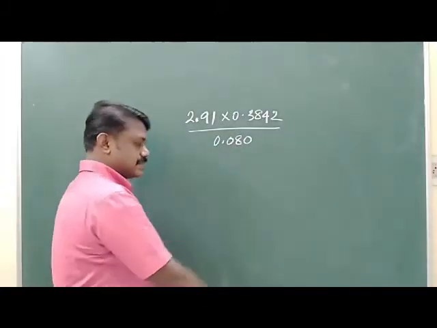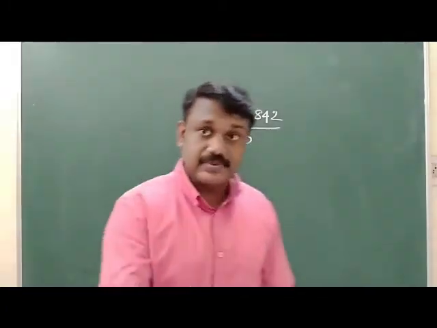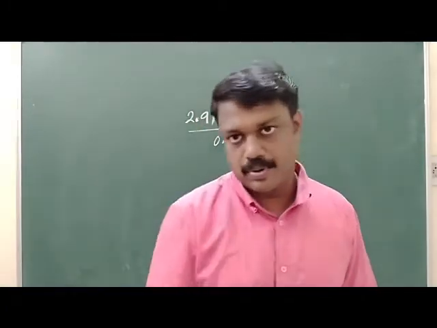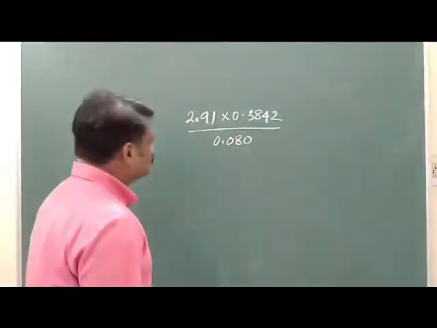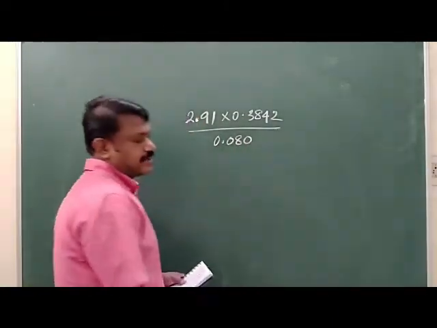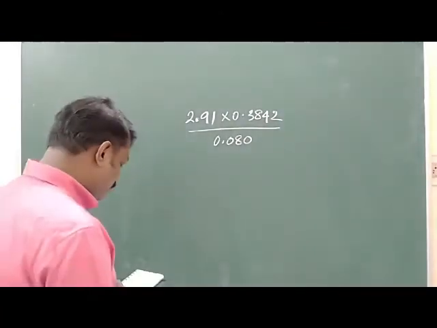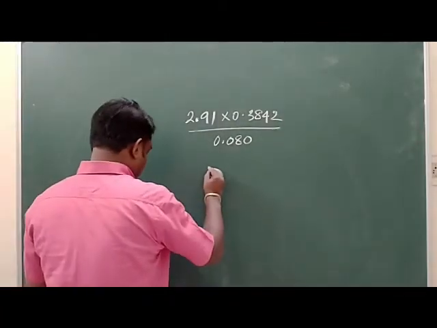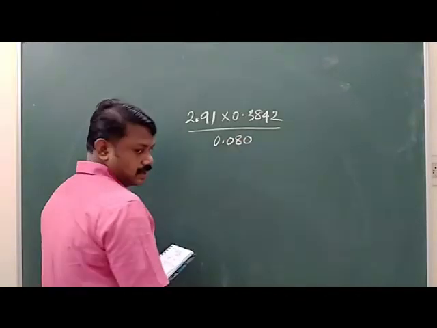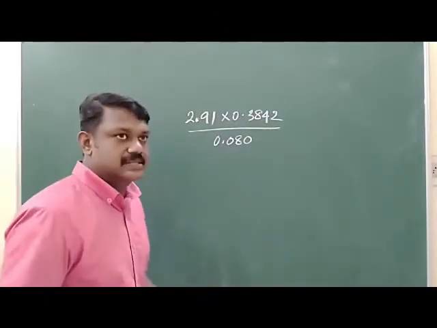This 0 cannot be considered a significant figure, as we said in the last problem. So the final answer should carry only 2 significant figures. So when you calculate this, how much are you getting?